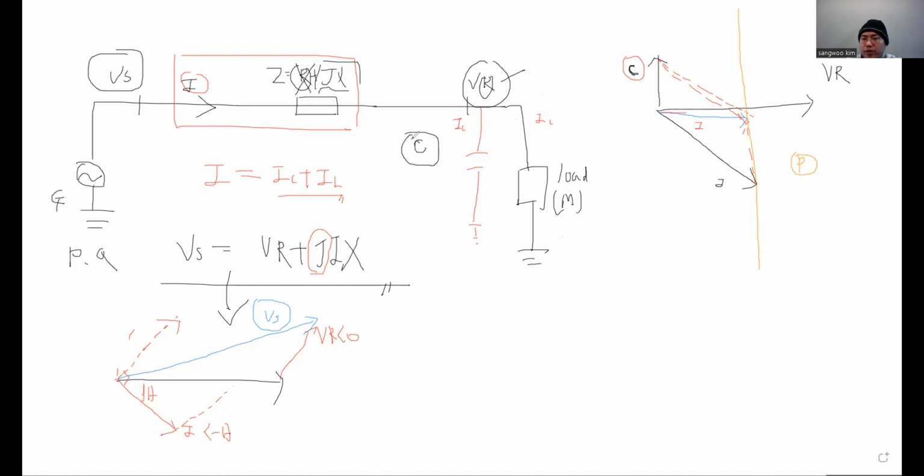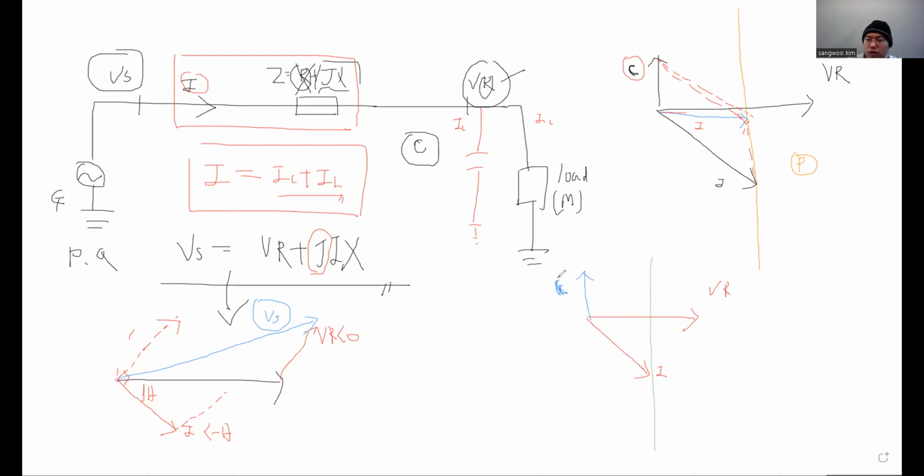But since we add a C, there's a new formula for current, right? So if I draw it again, look at that. Here we are. So here's I, right, before adding C. But since we add the C, what happened? Let's see. C, right?